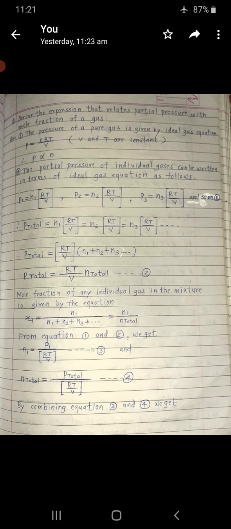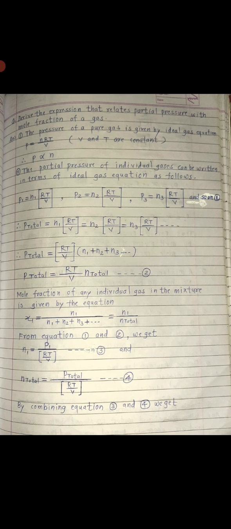Here equation 2 is divided by RT upon V, so N1 is equal to P1 divided by RT upon V. Therefore, N total, the total number of moles of the gas mixture, is equal to P total divided by RT upon V.